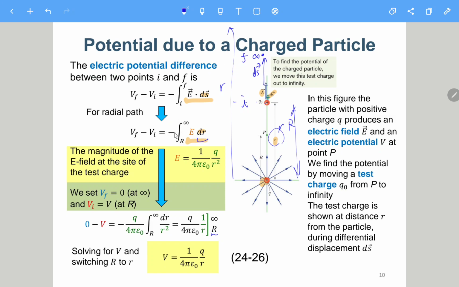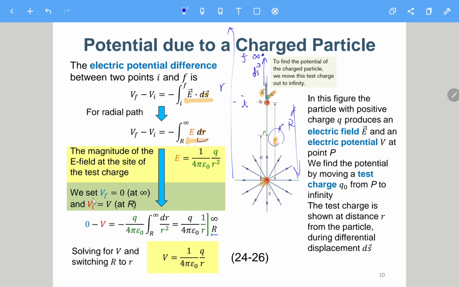Okay, so here we have a negative integration of E times dr, with r from capital R to infinity. In chapter 22, we already know that this E field should be k times Q over R squared, so we can plug in this expression.